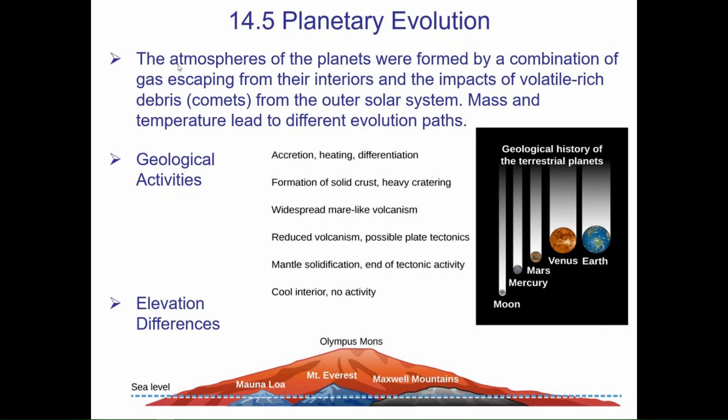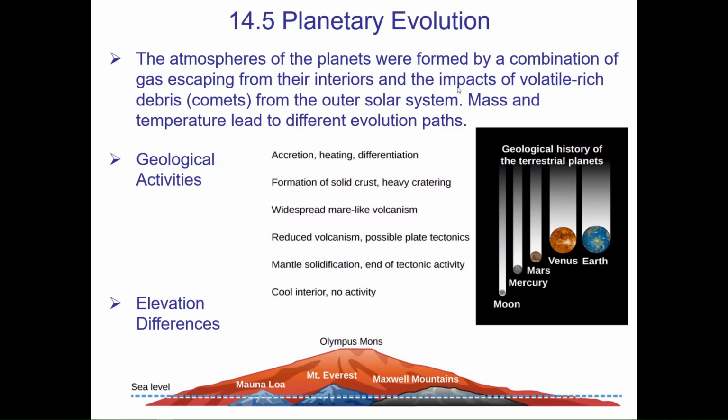The first one is atmosphere. Then we'll talk about geological activity. And finally, we'll talk about elevation differences. We believe the atmospheres of the planets or the moons were formed by a combination of gas escaping from their interior. For example, volcanism will bring a lot of gas from the interior.